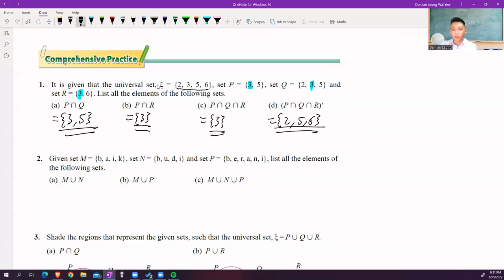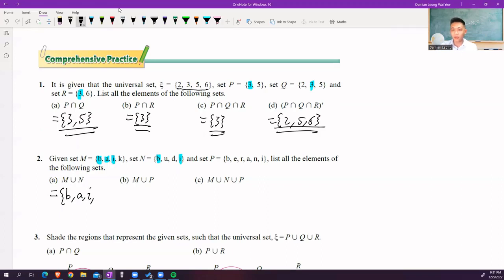So M union N. I combine set M and set N together. I have B in both, but I only write it once. I have A. I have I in both, only write once also.